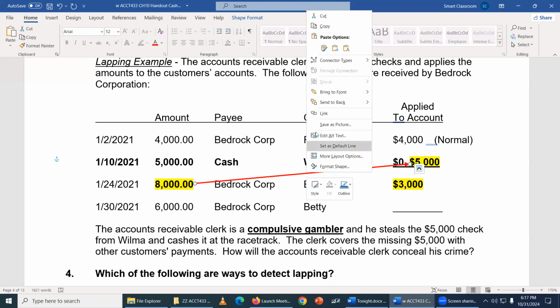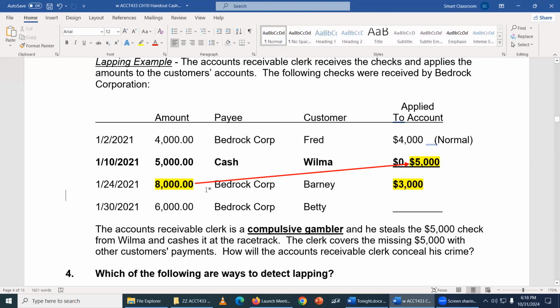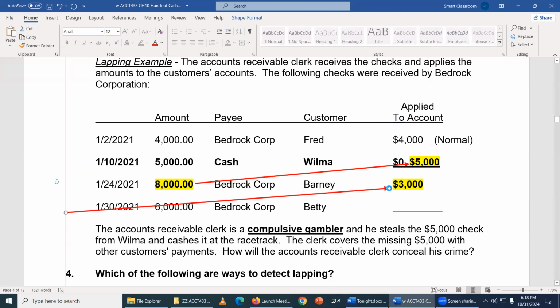Okay, so it's not letting me copy it. Okay. So we take the other 3,000 of the 8,000 and we put that into Barney's account.